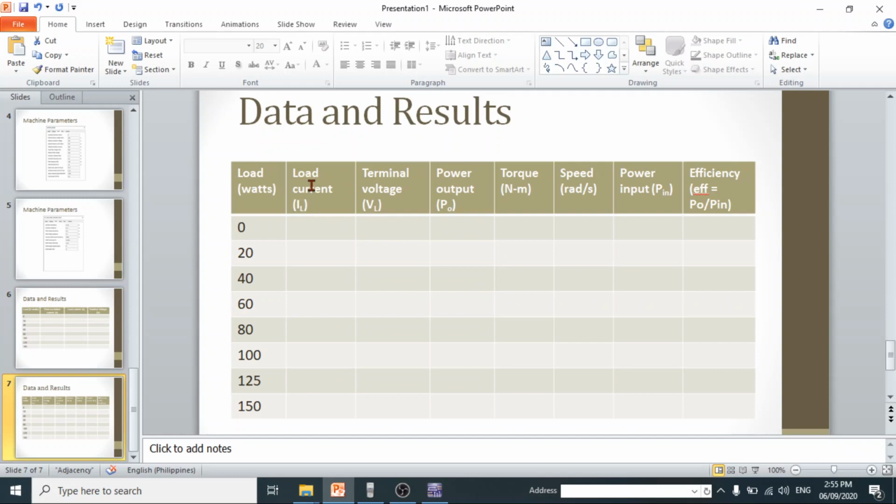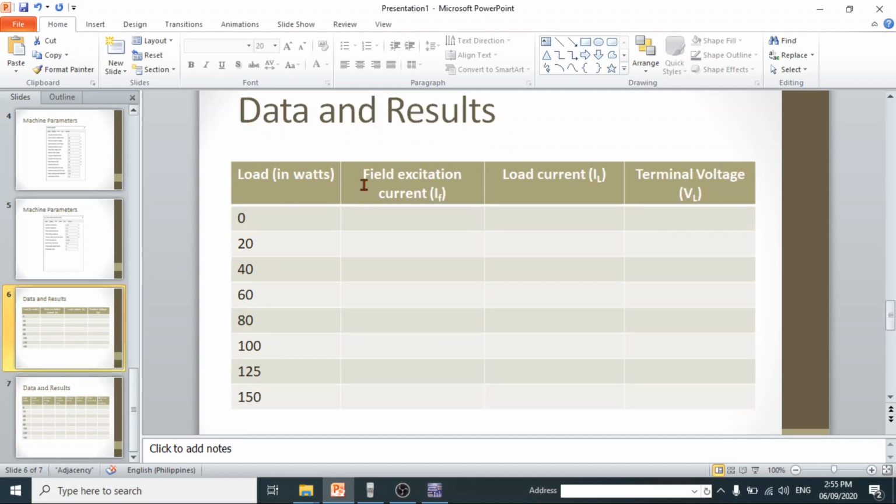On the second table, you have the load current, terminal voltage, the power output, the torque, the speed in radians per second, the power input, and then the efficiency of the machine. Try to look at the first table first.